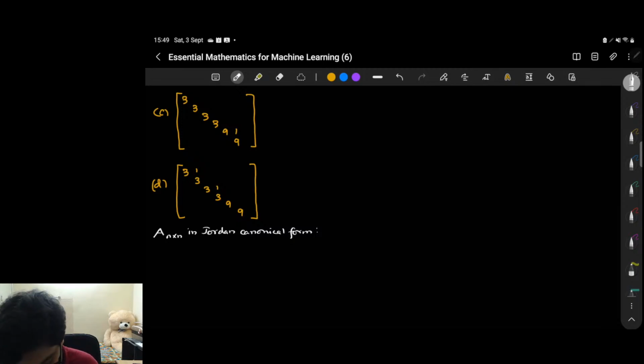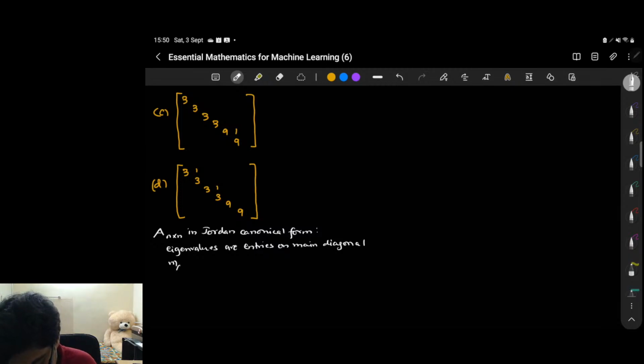Well, eigenvalues are entries on the main diagonal. So whatever the eigenvalues are, they will go on the main diagonal in the Jordan canonical form.